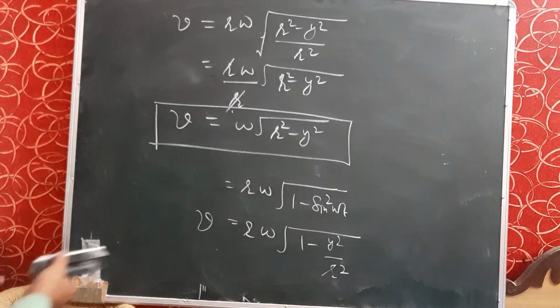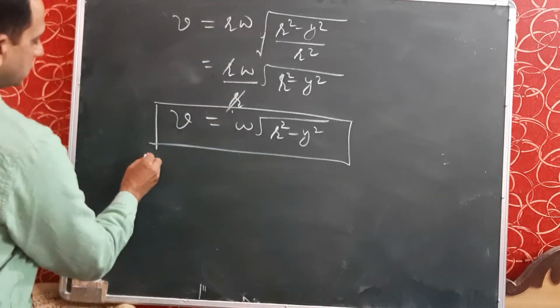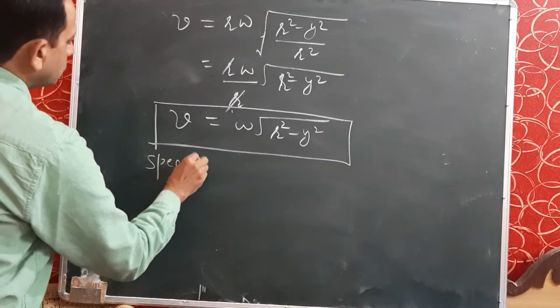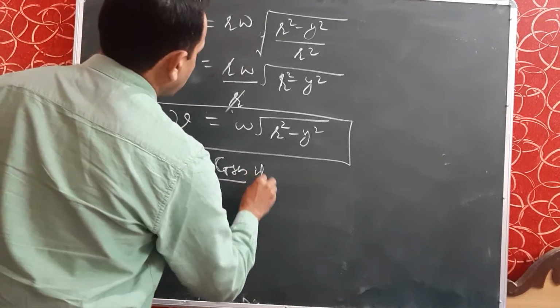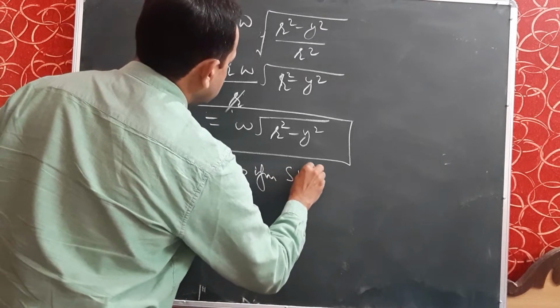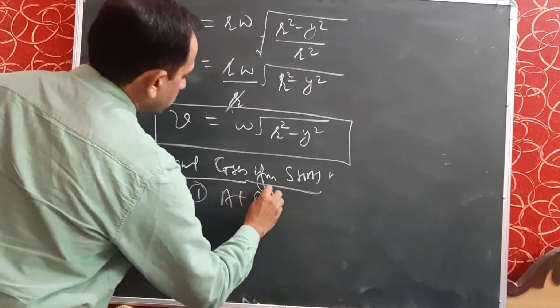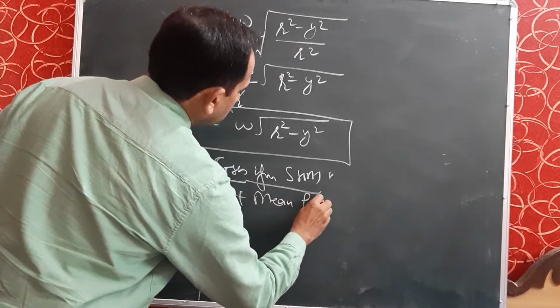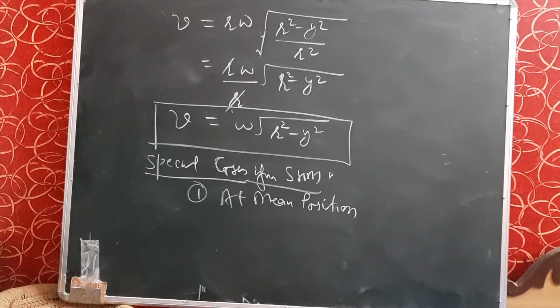So, we can discuss the special cases for velocity in SHM. First case, at mean position. So, what is mean position?